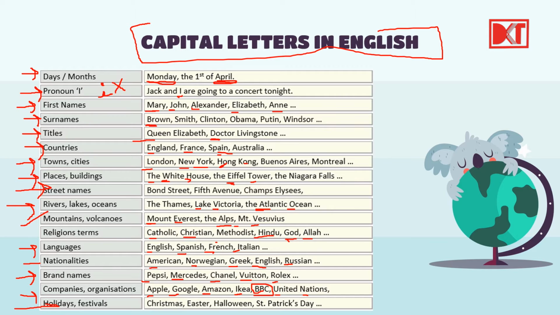Holidays and festivals, Christmas, Easter, Halloween, all these. So you see capital letters in English, they're also a very important part of punctuation. So you have to remember where you have to make the first letter of that particular word capital. Alright, let's move on now.